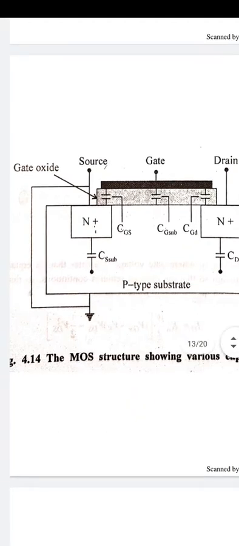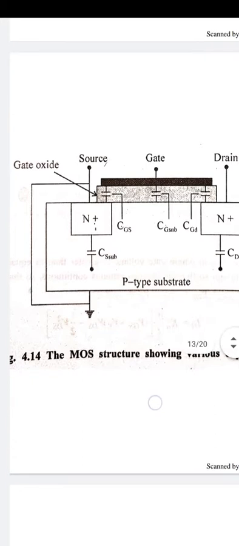The channel is not uniform, and the doping is not uniform: some part of the doping is below the gate, and some part exists in the channel region.